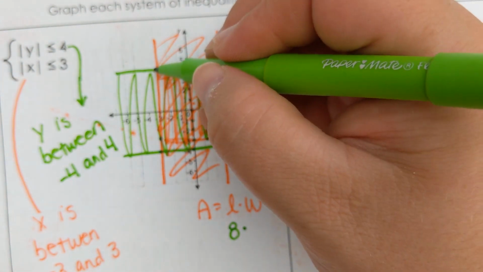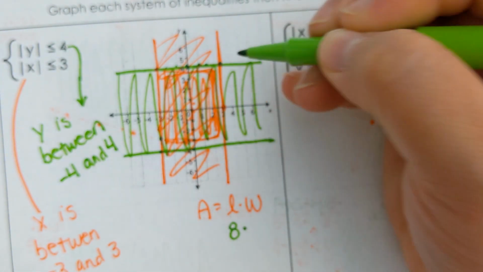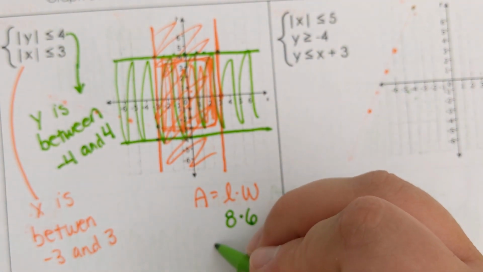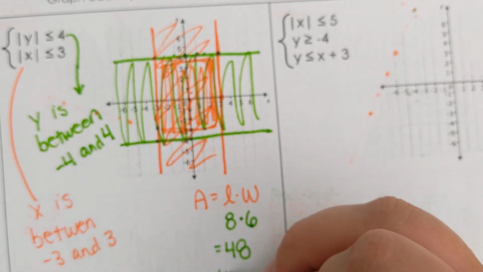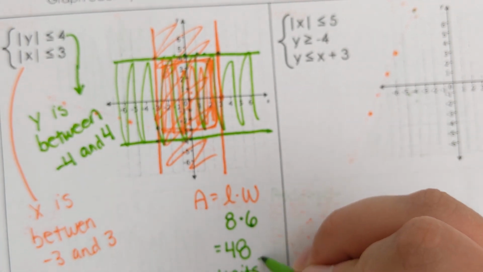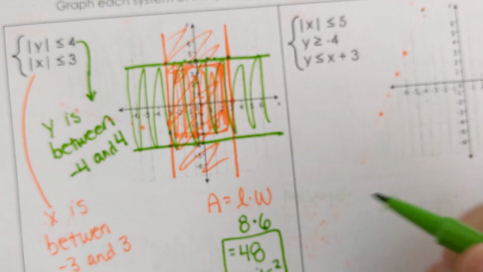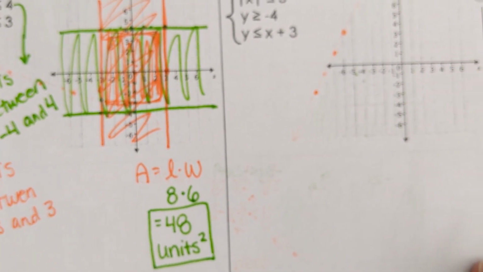And my width is 1, 2, 3, 4, 5, 6. And 8 times 6 is 48 units squared. And we do not know what our units are on this one. So that's it. You do have to look at what shape you have.